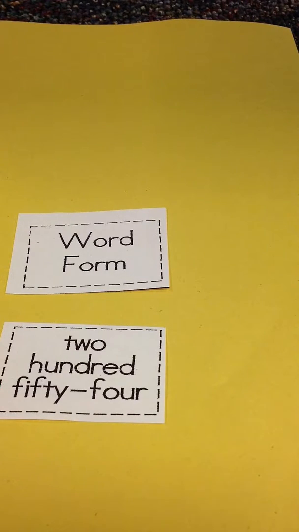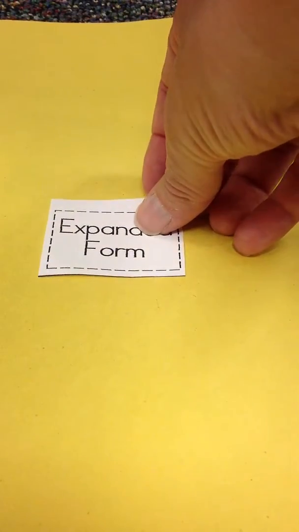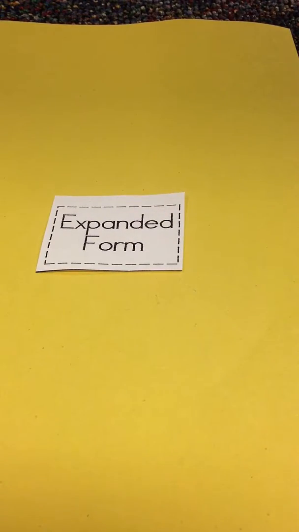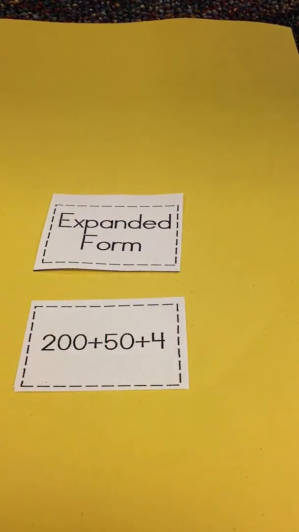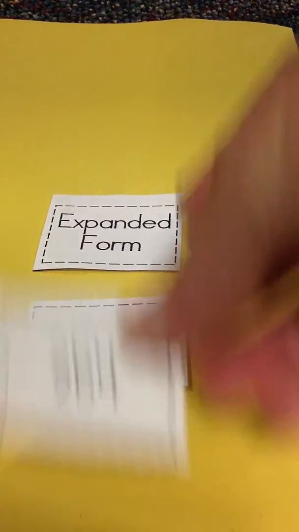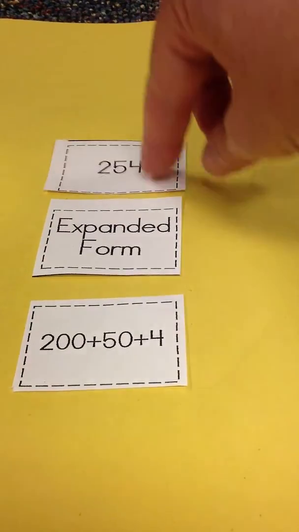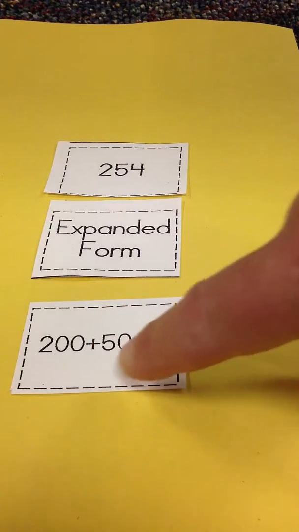Now, also with word form and standard form, we have what's called expanded form. Expanded form is a little tricky. If we take that number 254, in expanded form it would look like this.